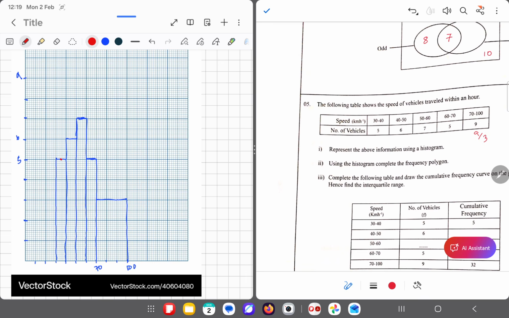So connect the midpoints. That is the frequency polygon.